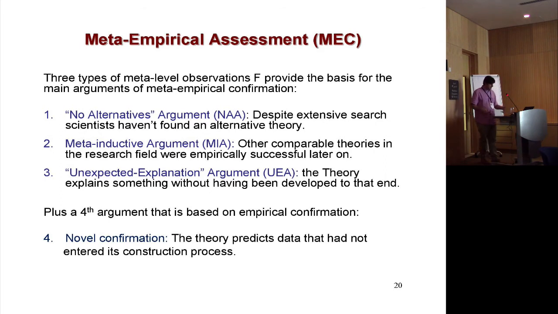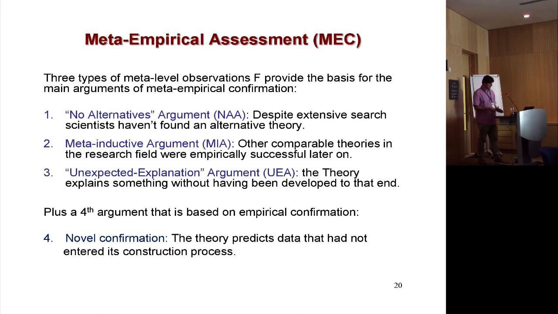But it can turn into a significant argument based on a second argument, the meta-inductive argument, which makes the observation that other comparable theories in the research field that shared some characteristics, for example, that shared a no-alternatives observation initially, before having been empirically tested, then got empirically confirmed once they were testable.